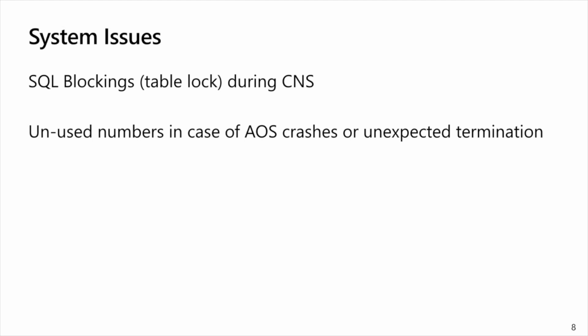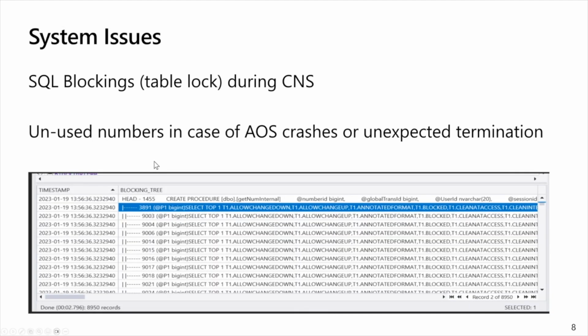With this feature, we have improved our logic to not have SQL blockings, and also improved our cleanup jobs, which we will talk about soon, so that those unused numbers in case of AOS crashes or restarts can be tracked even in those scenarios. And this is just one screenshot. It may recall some memories for you, where you would see the head blocker, with the blocking happening on the SQL side due to the number sequence tables.